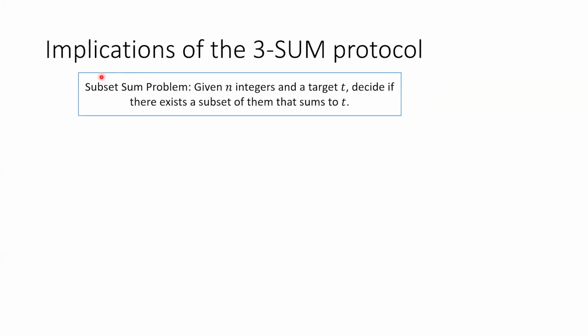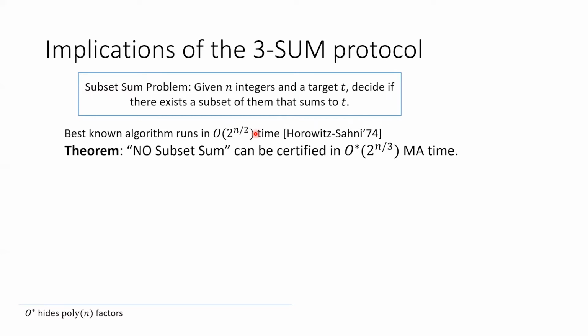Let's look at the subset sum problem, where we are given n integers and a target t. We want to decide if there exists a subset of them that sums to t. The best known algorithm for this problem runs in 2 to the n over 2 time. And by a simple reduction from subset sum to 3SUM, our protocol implies that no subset sum can be certified in roughly 2 to the n over 3 MA time.